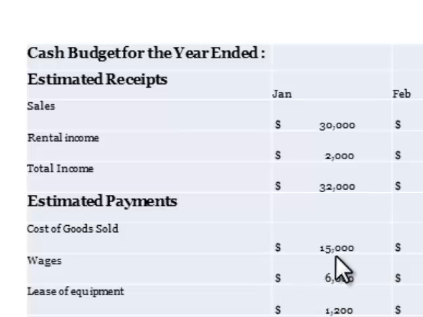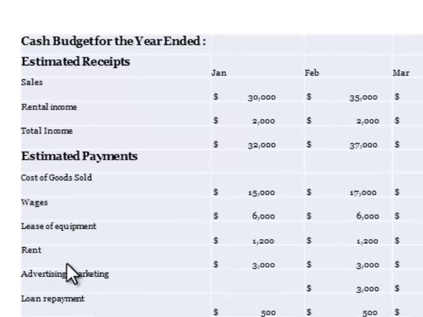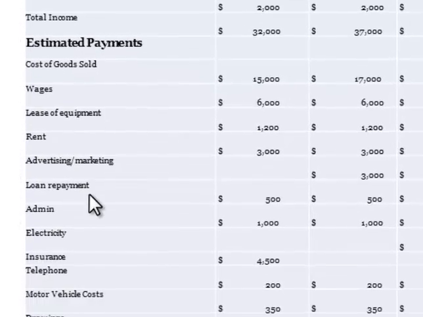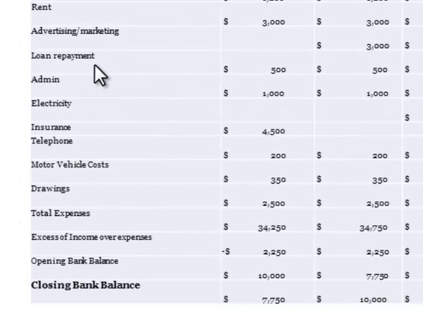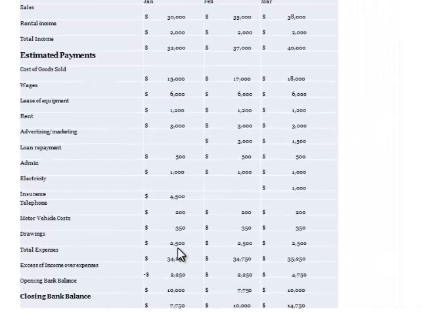Estimated payments: the cost of goods sold, wages, lease of equipment, rent, advertising, lease loan repayments, admin, electricity, and so on. You can see here drawings for the owners. Now you can see total expenses or total outlays, which is a total of these figures all the way going up to there.